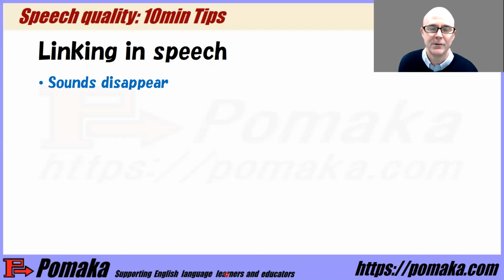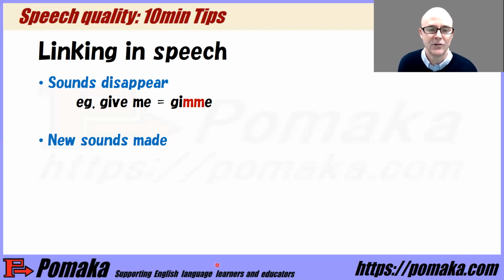There are many types of linking in speech, but today I'm just going to look at a few of them as examples. So one type of linking is where sounds disappear. For example, give me becomes gimme.